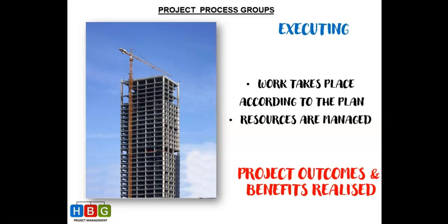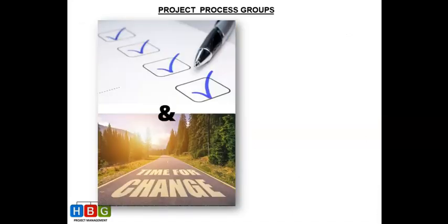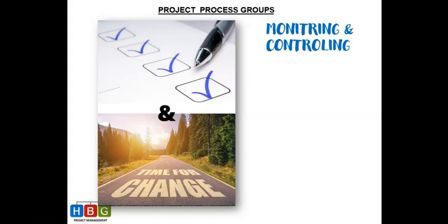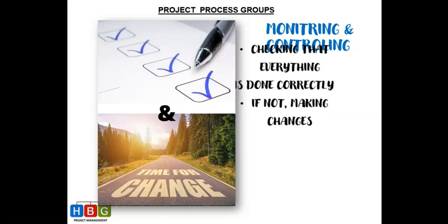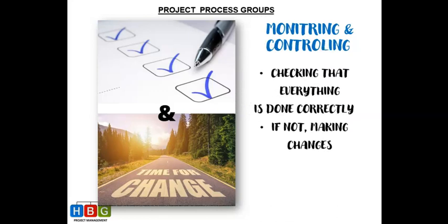So let's look at the next major process group. The next major process group is actually two different processes put together. And there you have it, the monitoring and controlling of the project. When a project is being done, we actually look at two different areas. Firstly, we check that everything is done correctly.